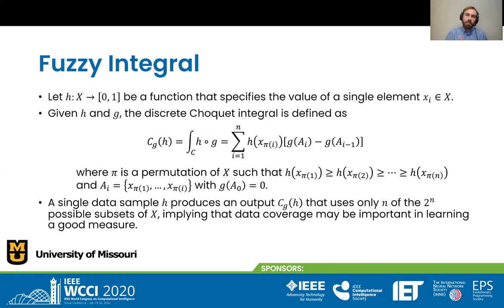And depending on which sources those elements correspond to, we get a sequence then of subsets that corresponds to a particular sequence of elements in our fuzzy measure. A single data sample will only produce an output for n of the 2 to the n possible subsets. So for fuzzy integral use cases, making sure that you have adequate data coverage can be really important.